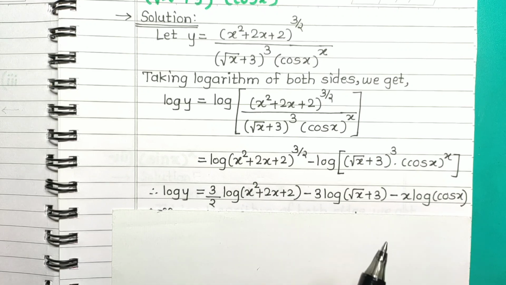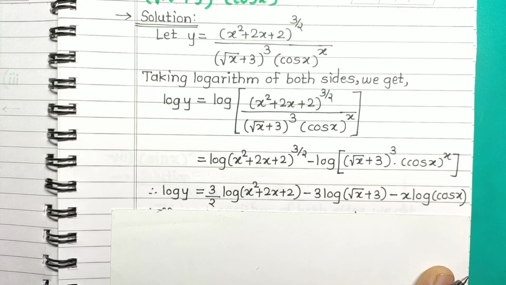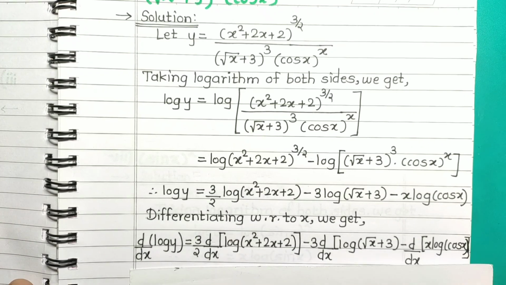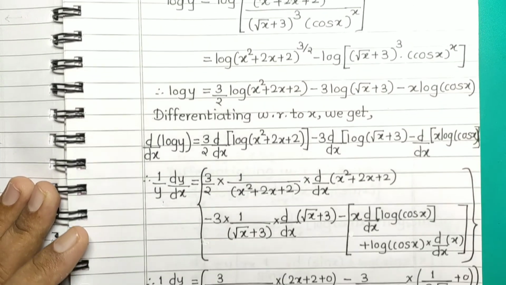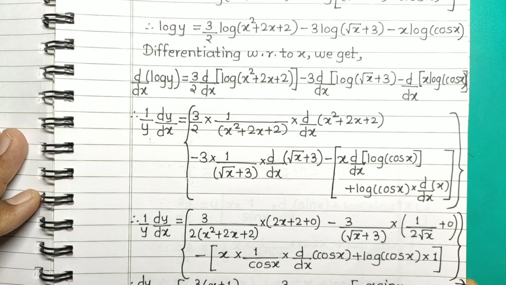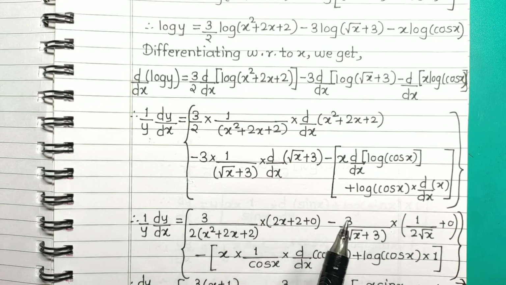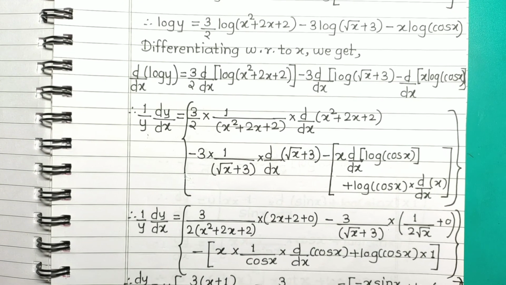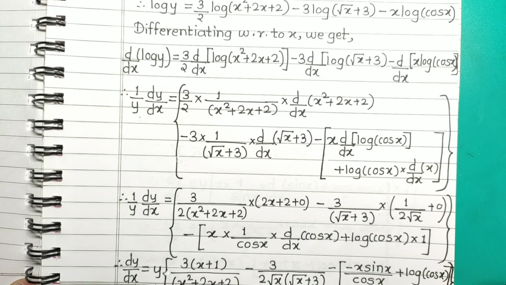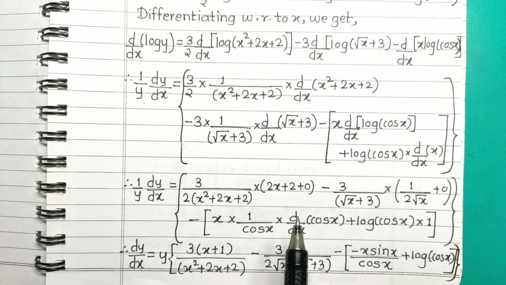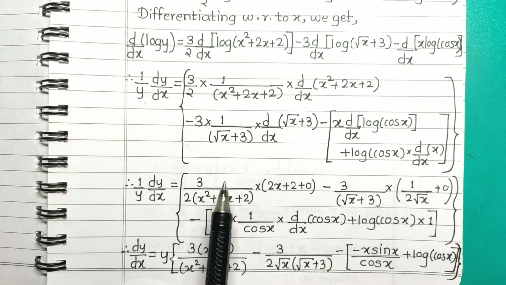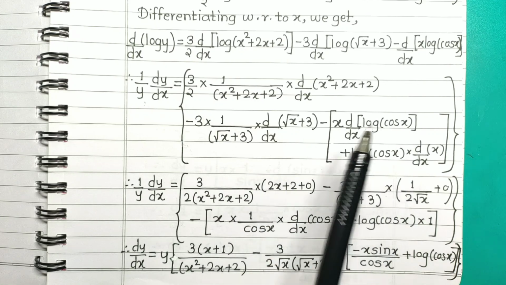And now at this step you differentiate this function. So differentiating with respect to x, you will get this solution. See, these are quite lengthy steps here. So you write them very properly. Take a screenshot of this solution and try to understand these steps on your own.